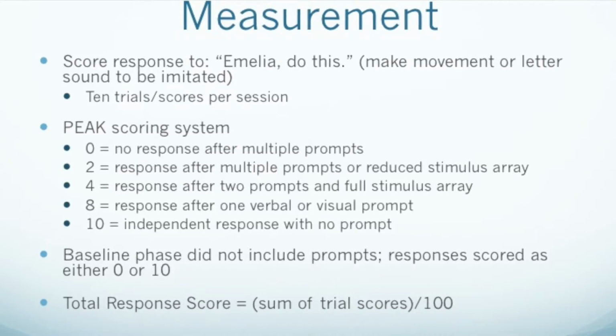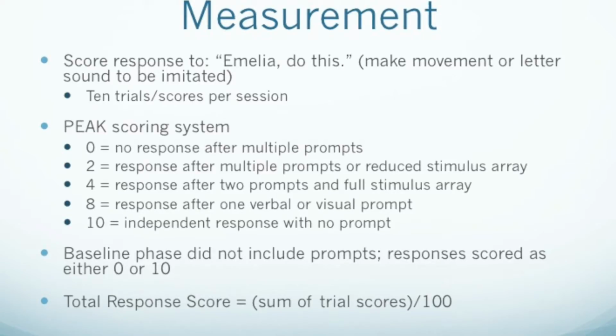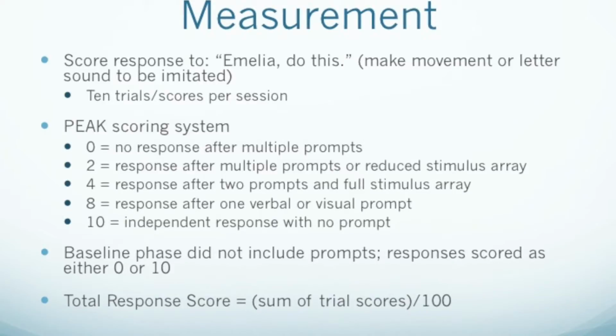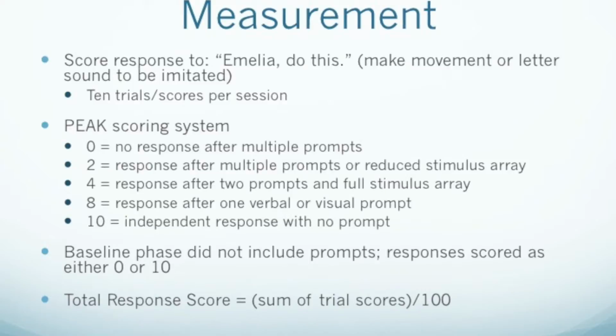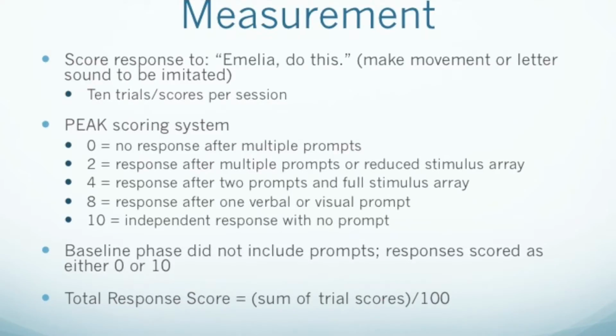And while we were implementing the PEAK program, we would use the PEAK scoring system to score each response. As you can see on the slide, the PEAK scores range from 0 to 10, and they're based on the number of prompts that were required in order to get a correct response. And during the baseline phase, since we were not using the PEAK system, there were not any extra prompts.